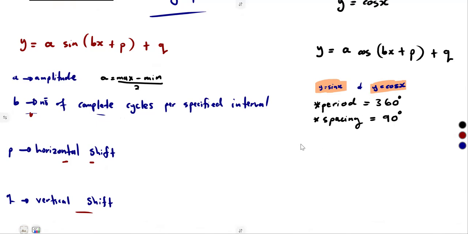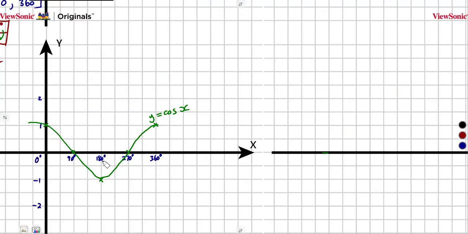It follows that the new period, from the old period of 360 degrees, is divided by B. That is the effect of B. The new spacing for the graph of a sine and a cos is going to be 90 degrees over B, from the original spacing of 90 degrees. We saw this from the graph of a sine. So we're not going to have much in this case.